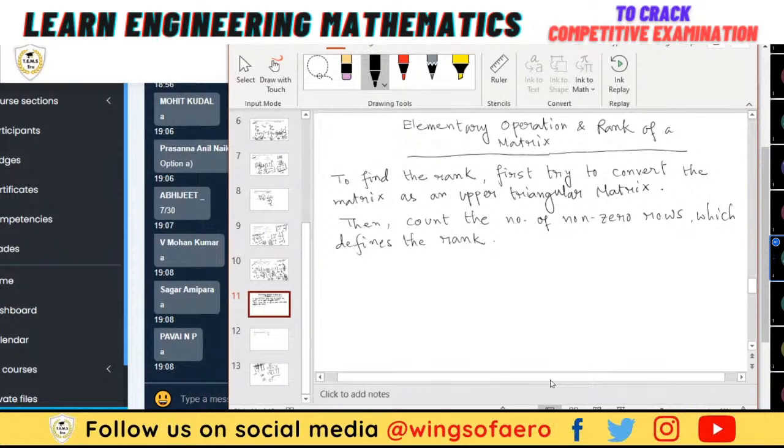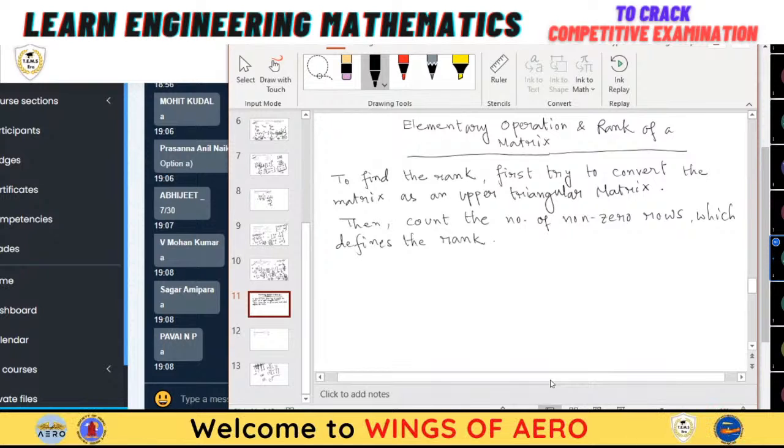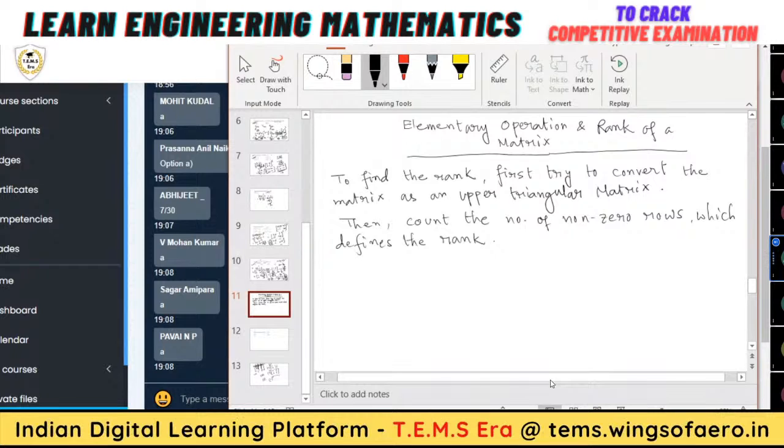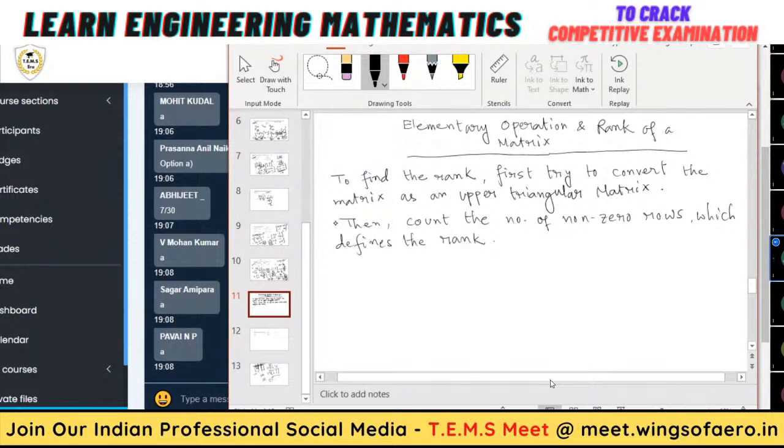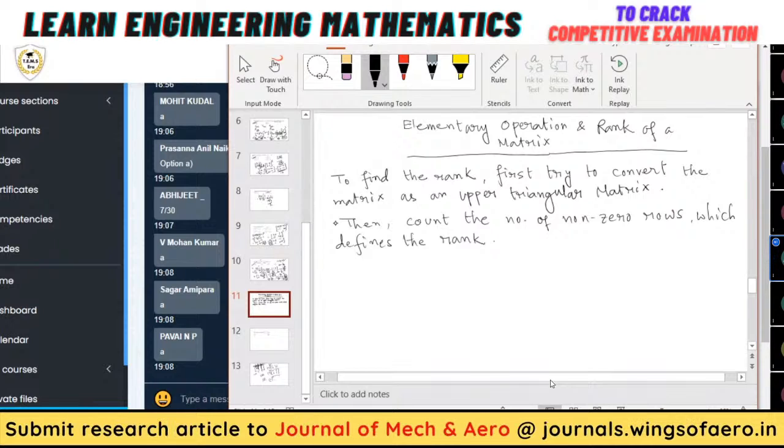I don't think the whole chapter will be completed today, but rank, elementary row operations, and a part of eigenvalue and eigenvector can be completed. Okay, I'm taking just a 3 to 4 minutes break. I will join you again.